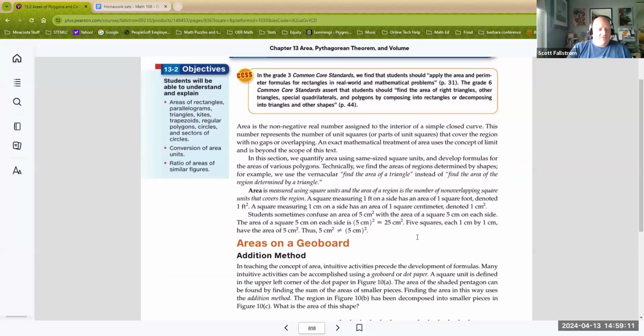Now, area can be found in quite a few ways. We have tended to define it in one way that seems to be easiest, which is this way. Area is measured using square units, and the region is the number of non-overlapping square units that covers it, and that's the area.